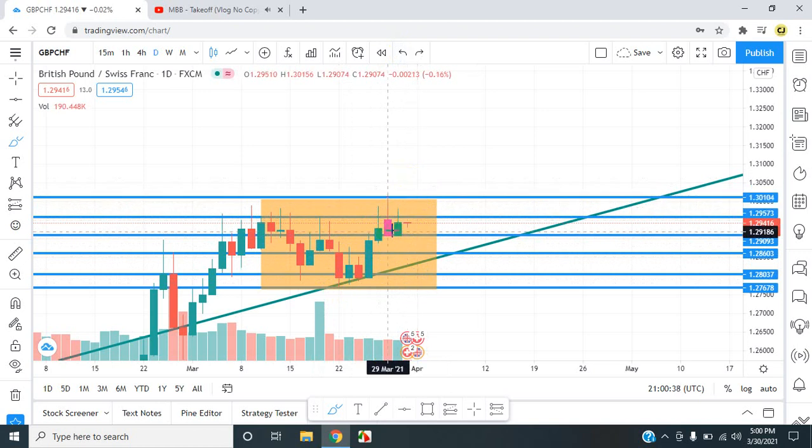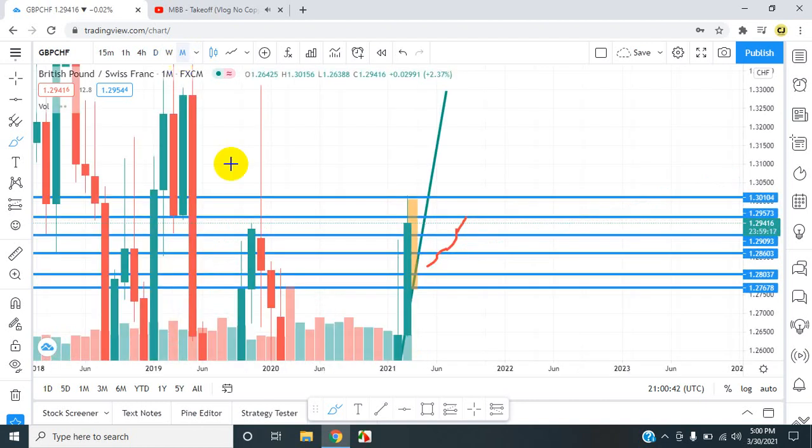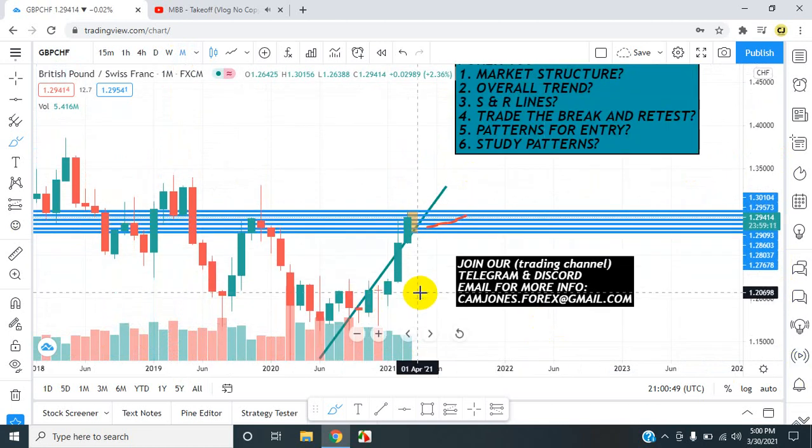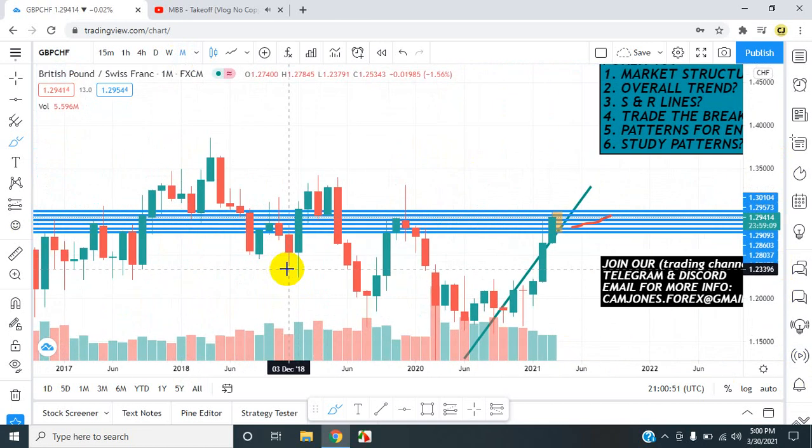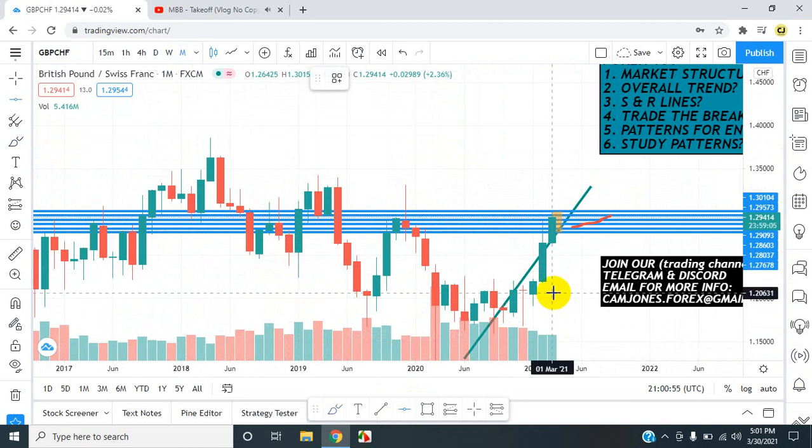If you have to add some more SR lines, all we have to do is go back to the monthly time frame. Okay. Let's say if you want to heighten it to new areas of higher highs, all you got to do is go back to the monthly time frame, and go to the SR line once again. You'll look for price action to see what level is trying to break here.